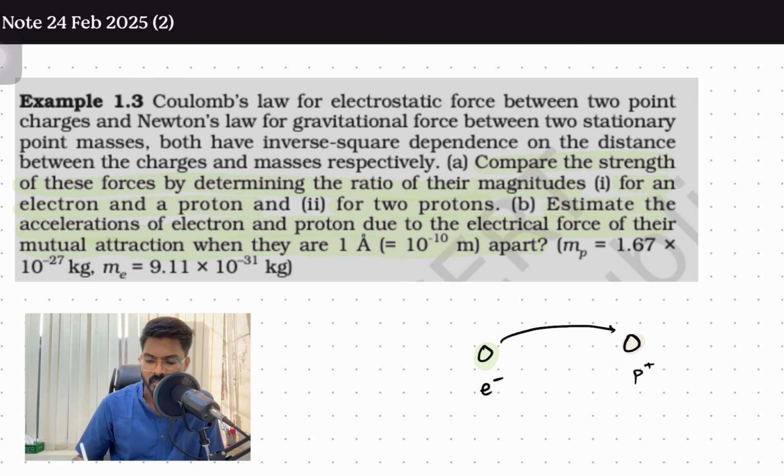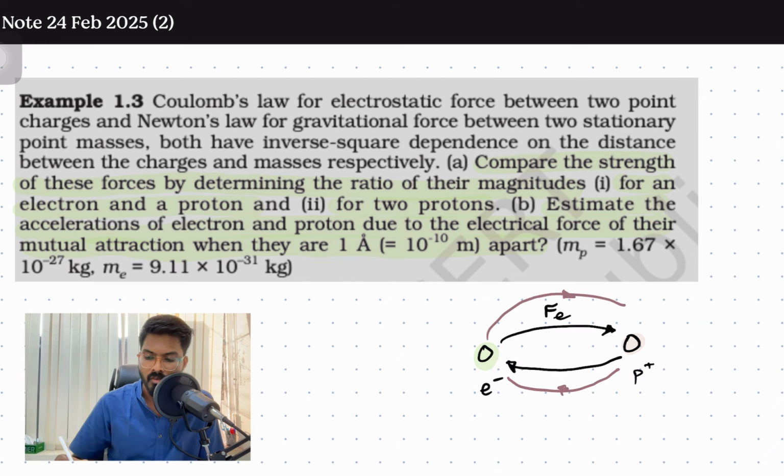One is because of the positive and the negative charge, they experience some forces due to the electrical charge, that is Fe. In addition, there is also another force which is due to the attraction of one another, which is called the gravitational force.